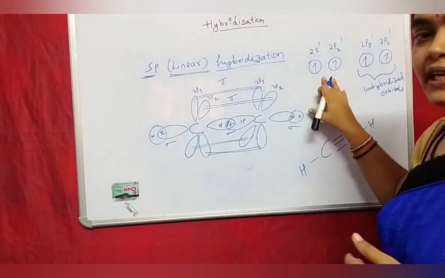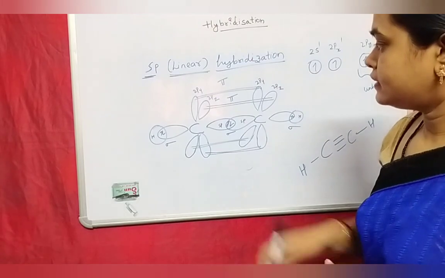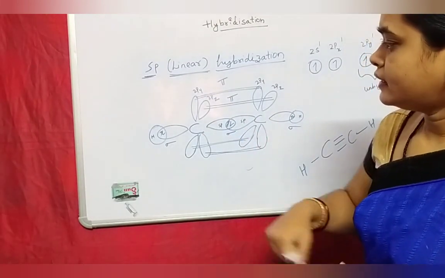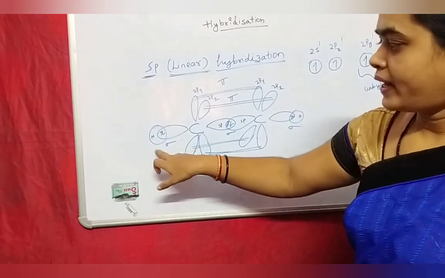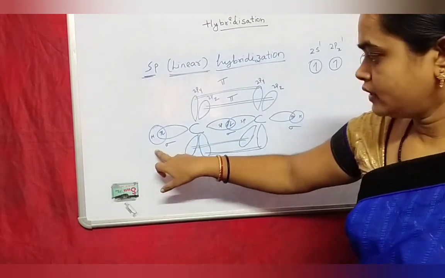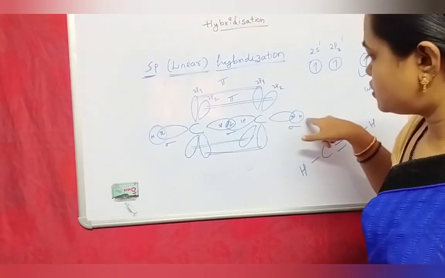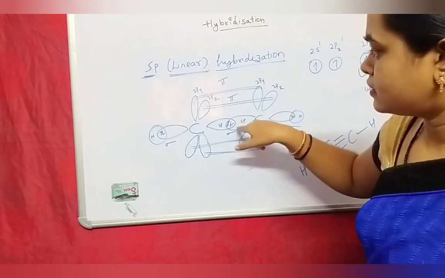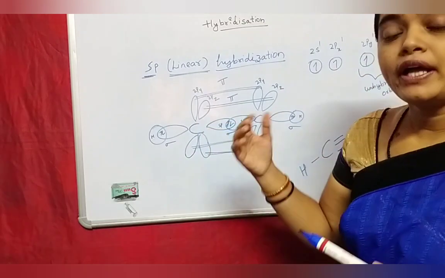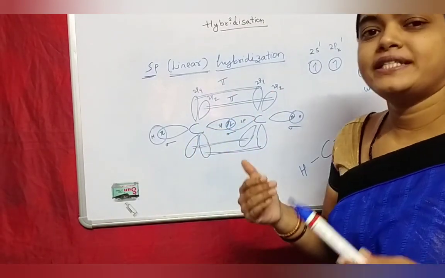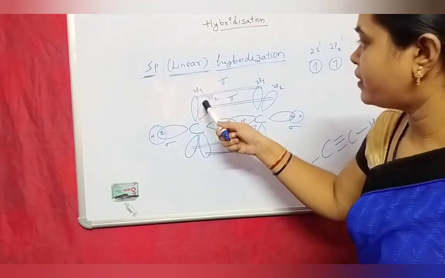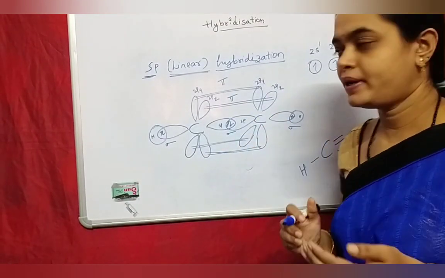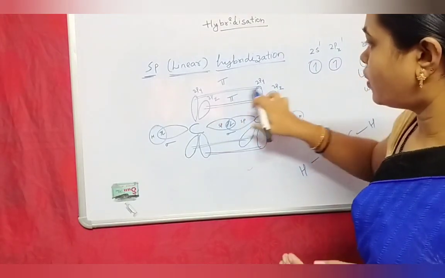See the two carbons: this carbon combines with the 1s orbital of hydrogen, and this carbon also combines with the 1s orbital of hydrogen. Both 2px orbitals overlap, while 2py and 2pz remain unhybrid. Later they form bonds.